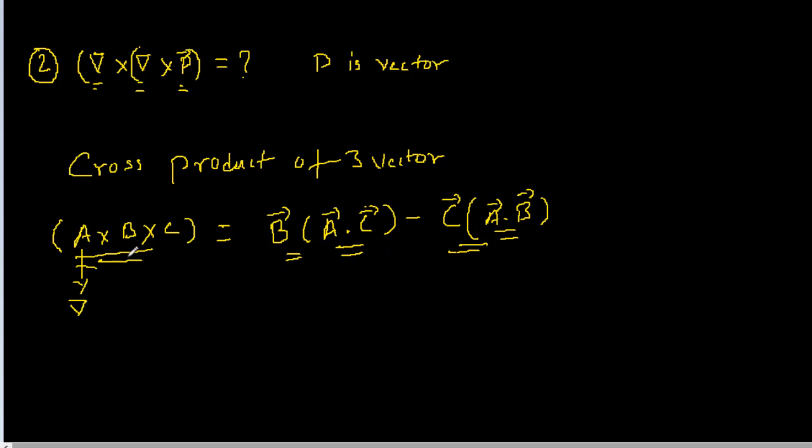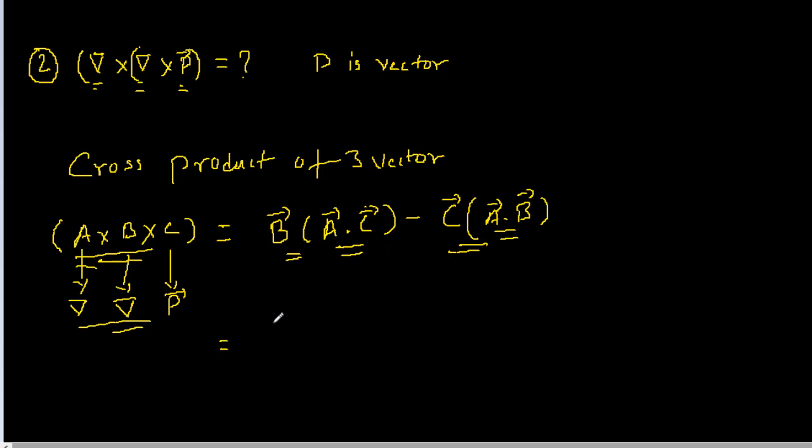Through this equation we can symbolize A as a gradient, B as a gradient, and C as a vector. To get the equation we can directly put the assumption that we take A as a curl, B as a curl, and C as a vector, P as a vector. We can directly put these assumptions on this equation so that we can get the equation directly.